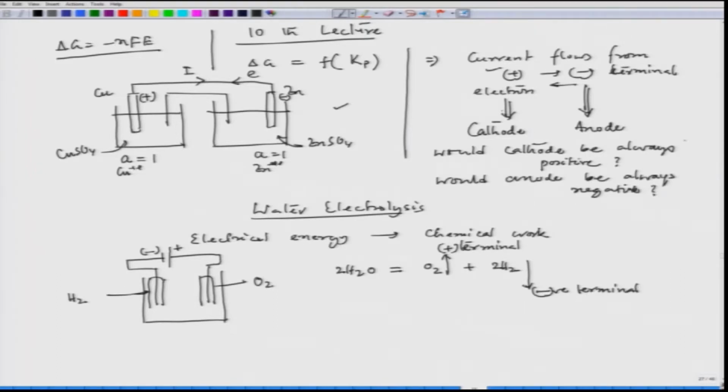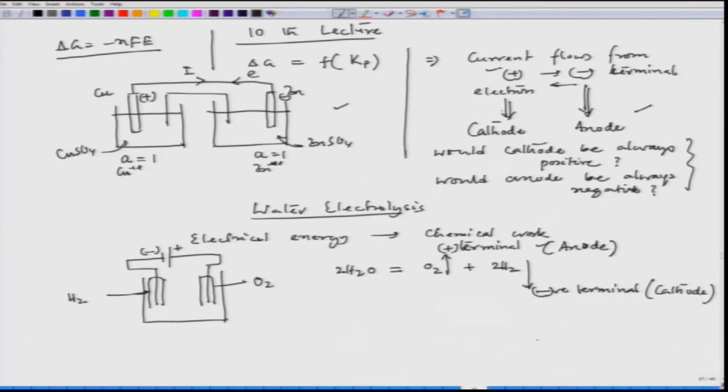So, from the earlier concept, I would expect that cathode should be the positive terminal, but actually the cathode is here, this is cathode and this is anode here. Why is this different? That means the sign has changed for cathode and anode. So, it is not the same. In case of cathode, we see that it is a negative terminal.